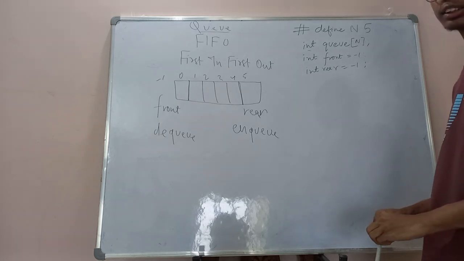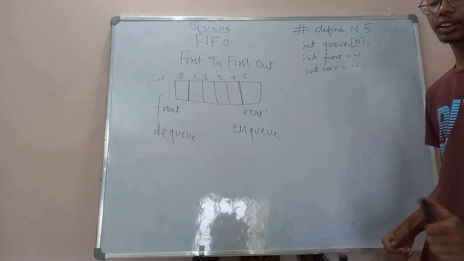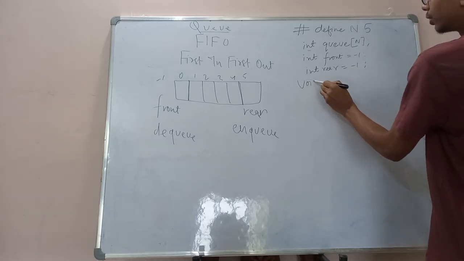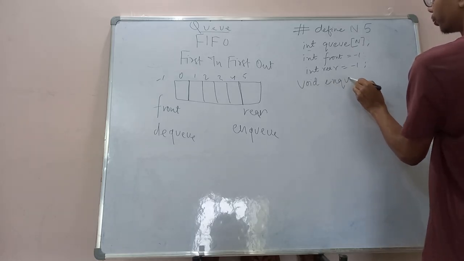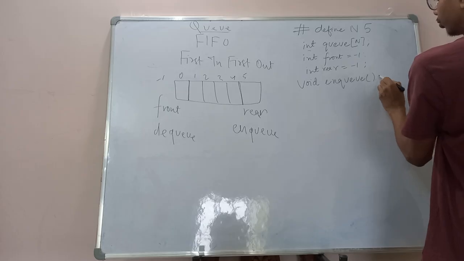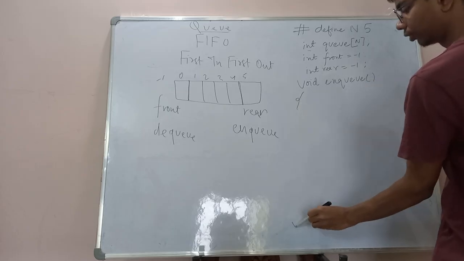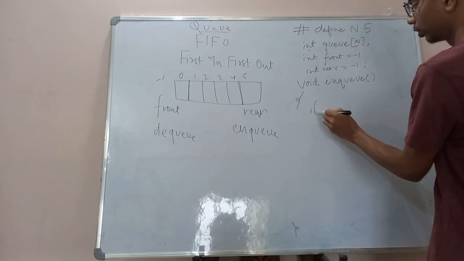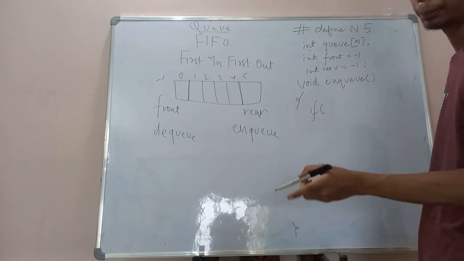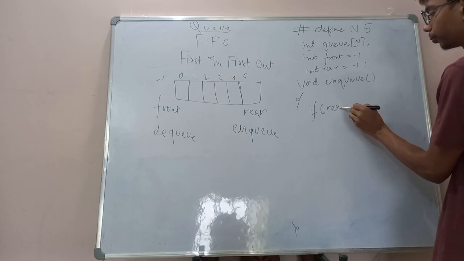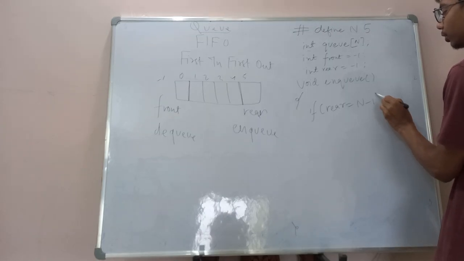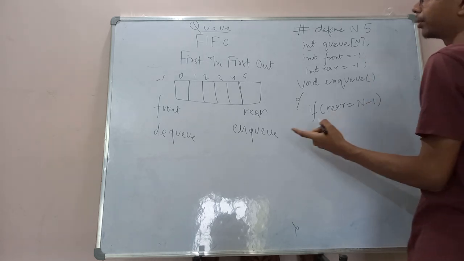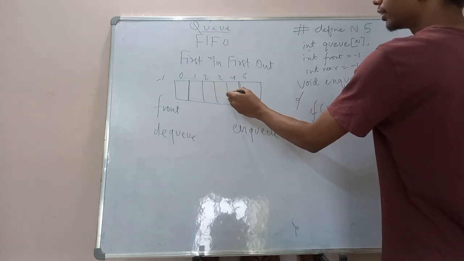It is for convenience, meaning the queue has not been started. Now I will write my function void enqueue. Now what I will write: if my rear is equal to N minus 1, suppose my size is 5 and this is for 6.